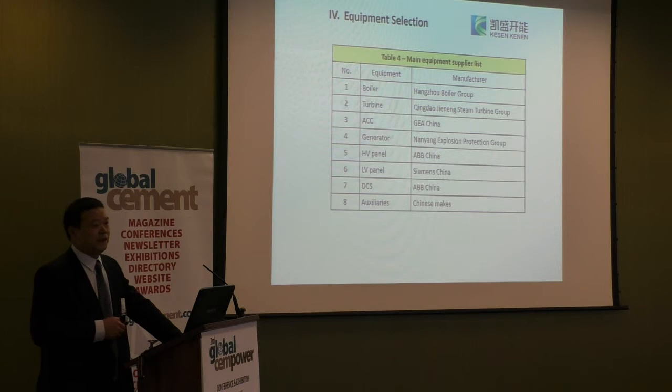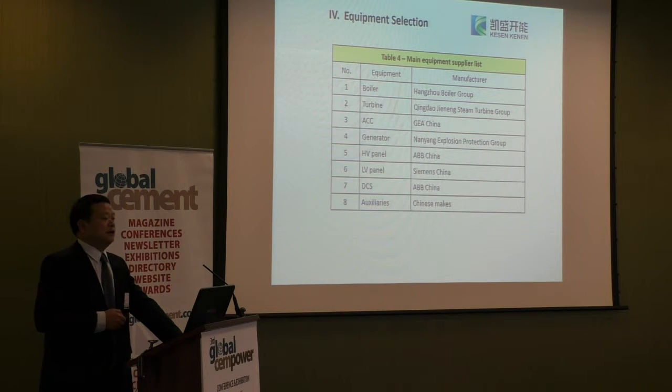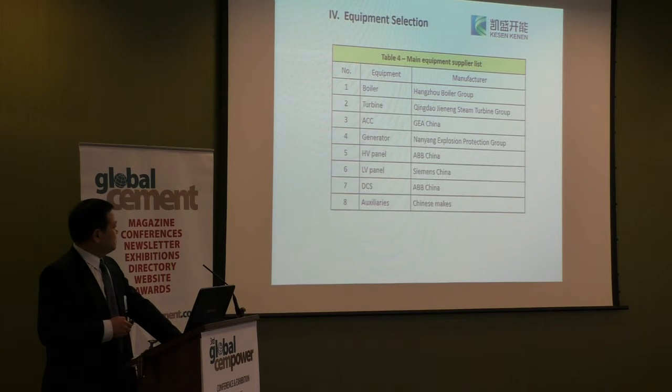For ACC we use GA China because they have manufacturing in China. For the generator we use Nanyang because the customer asked for a special requirement: they ask for VPI. There's only one manufacturer in China that can manufacture this size of generator, which is Nanyang.